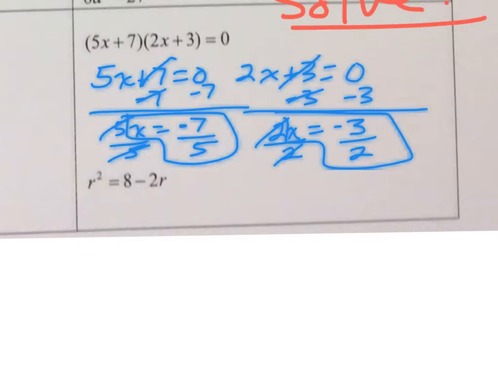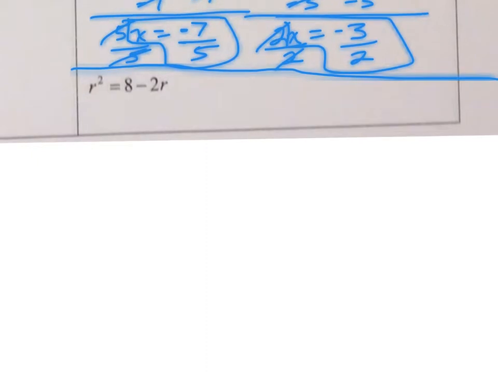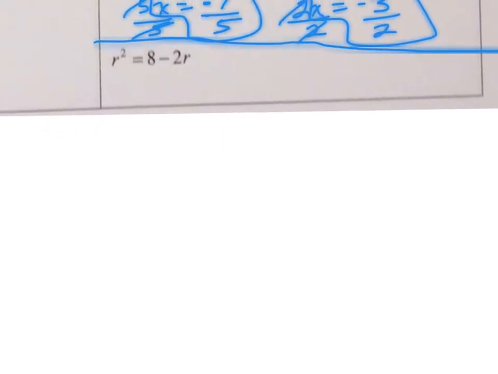Okay, so you're going to see at least one of those on your test. And then you're going to see certainly at least one of these, which is a quadratic equation.